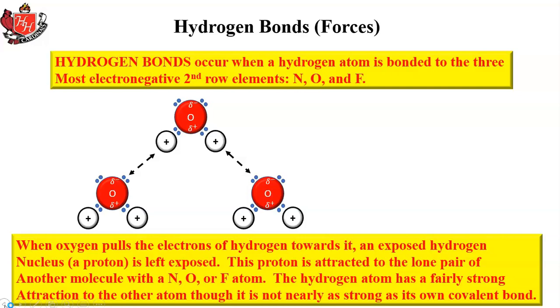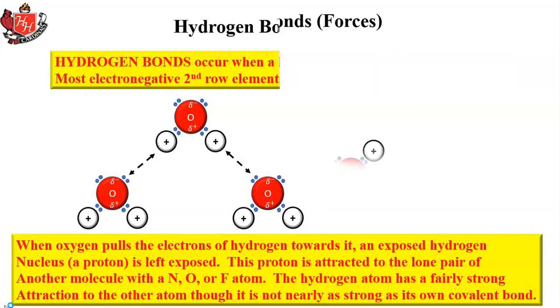So you see how each of these protons, which are really the hydrogen atom, are attracted to the lone pair of another water molecule. And that's called a hydrogen bond. Again, it has to be between a hydrogen atom and the lone pair that are in a nitrogen, oxygen, or fluorine atom.